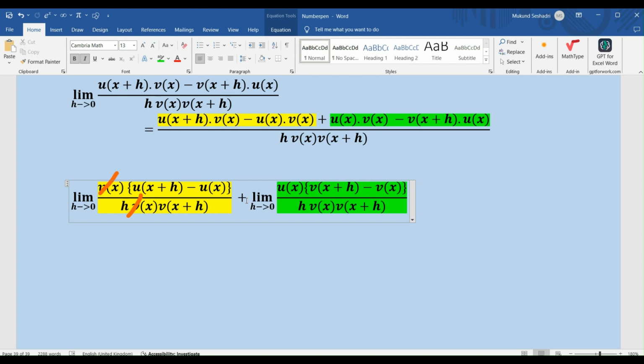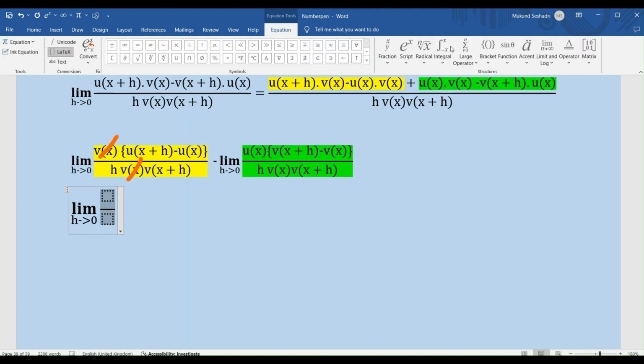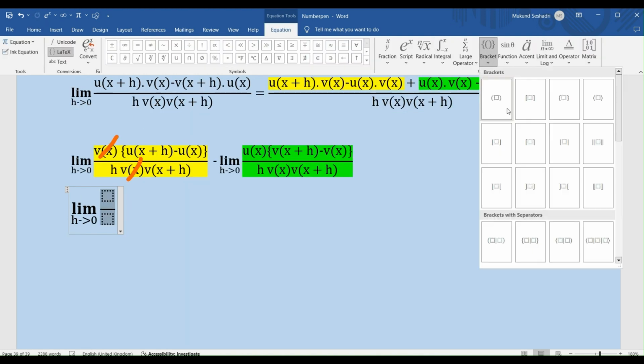Folks, I guess there has been a small error. I think this is not a positive sign. I'm referring to the positive sign in between. Let me highlight this. This will be a negative sign. I'm going to break the yellow portion into two further parts.